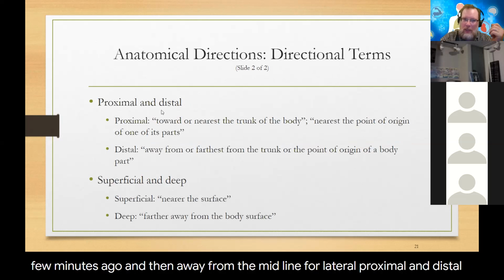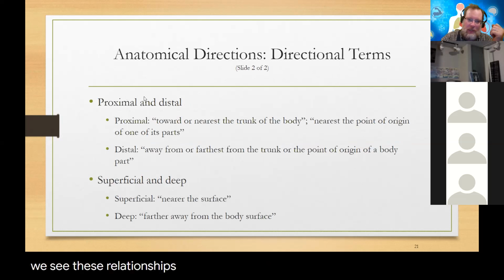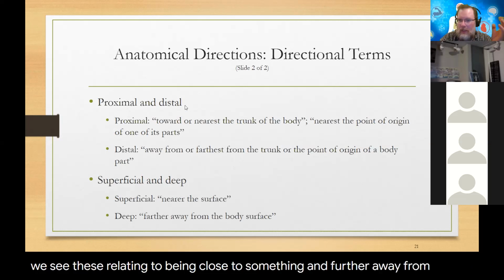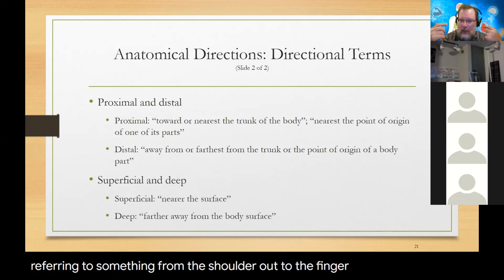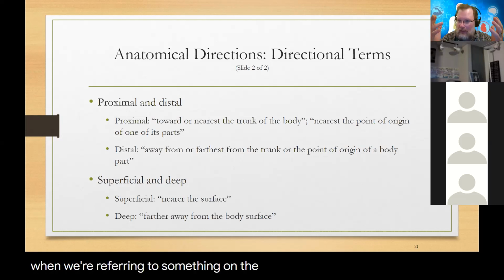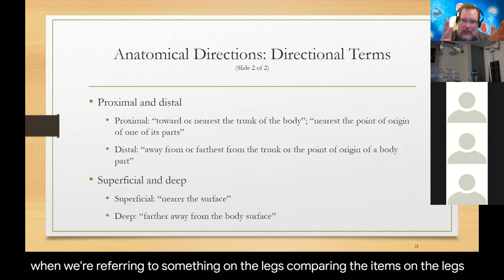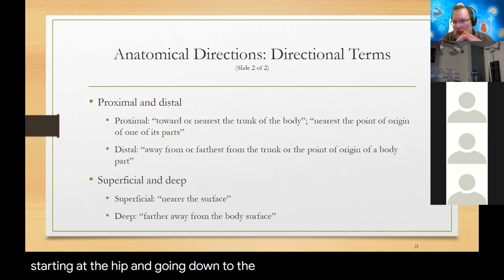Proximal and distal, we see these relating to being close to something and further away from something. Generally, we only use proximal and distal with the arms, as we're referring to something from the shoulder out to the fingertips. We also see it when comparing items on the legs, starting at the hip and going down to the toes.